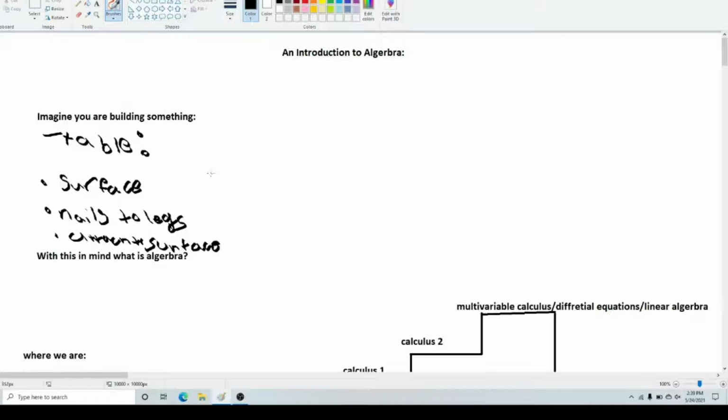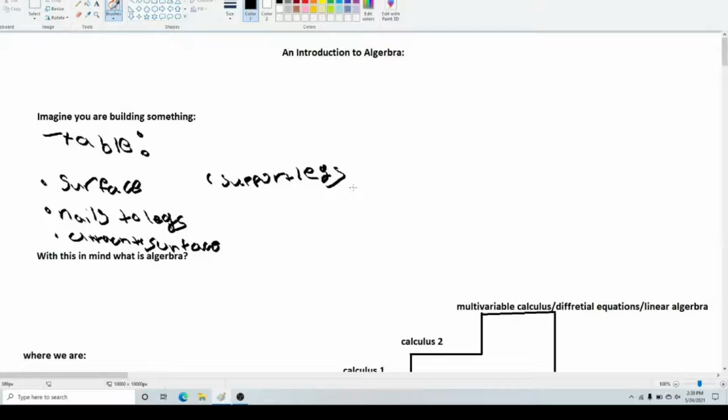Then on top of that, we have the supports on the legs. Alright, and there's much more that goes into building a table, but these are just the first things that come to mind.